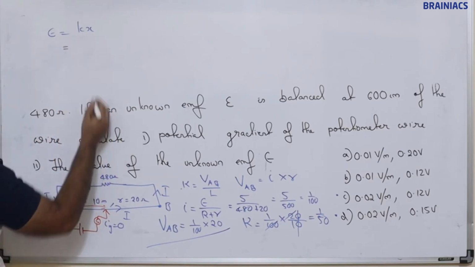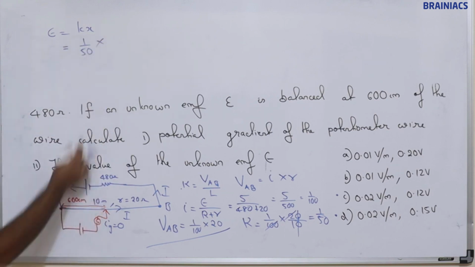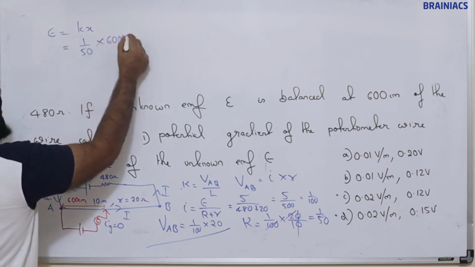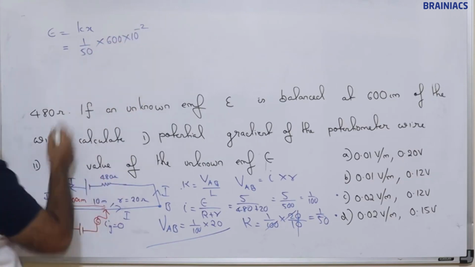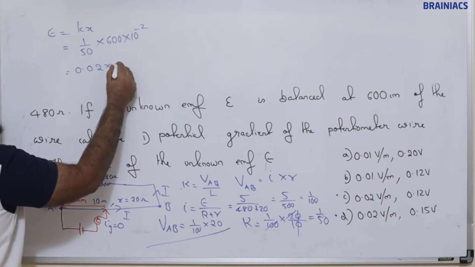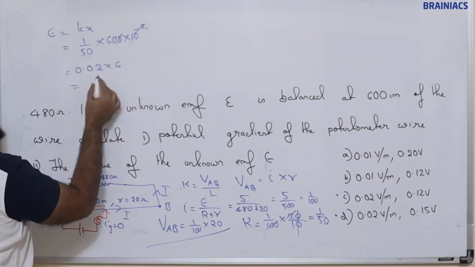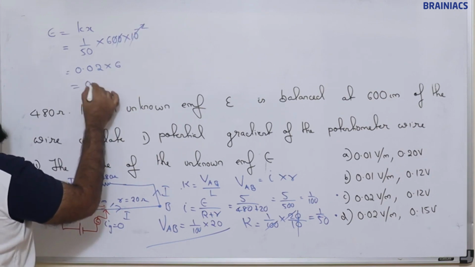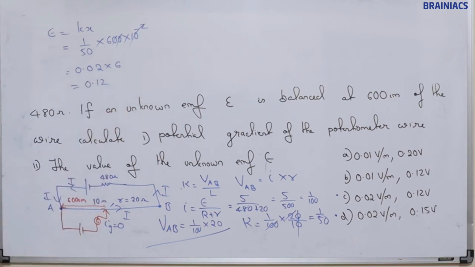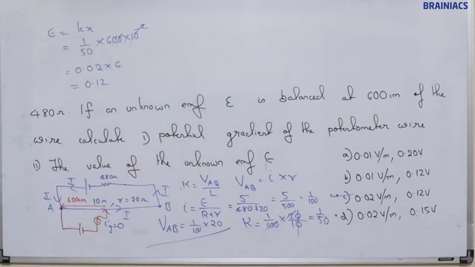So this K we got as 1 by 50, and this is 600 centimeters, so 600 into 10 raised to minus 2. So this is 0.02 into 6 actually. This we can cancel out. So this is going to be how much? 0.12. So option C is the answer.